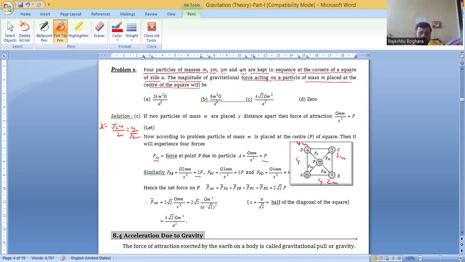Force on P due to D: G, 4m, m upon x square, 4F. The net force on P, F net equal to F_PA plus F_PB plus F_PC plus F_PD. So resultant we write here F plus 2F plus 3F plus 4F. F plus 3F, 4F, 8 plus 2F, 10F.